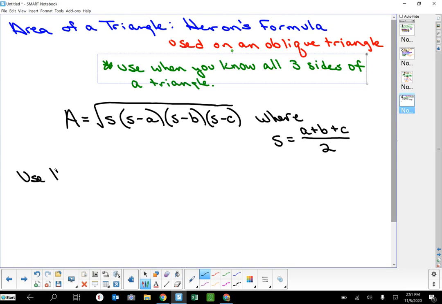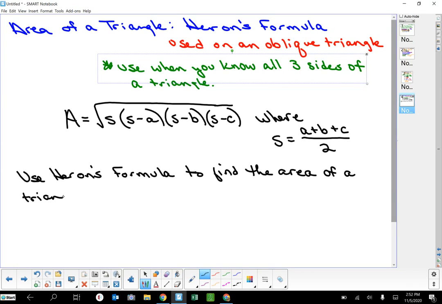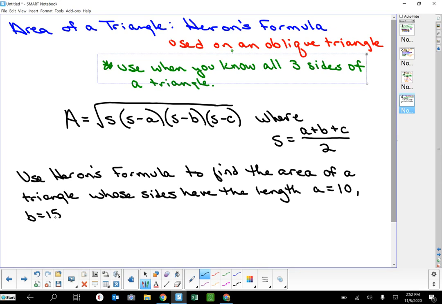Use Heron's formula to find the area of a triangle whose sides have the length A equals 10, B equals 15, and C equals 7.